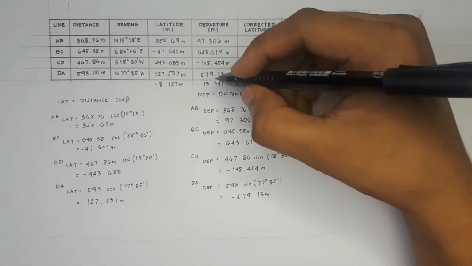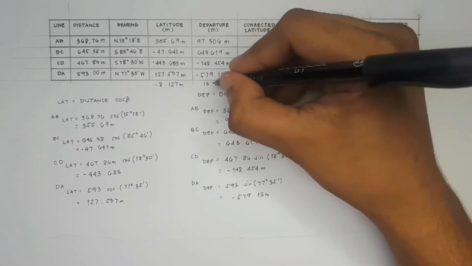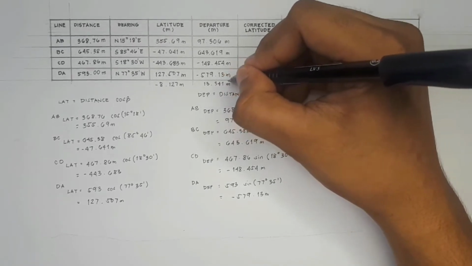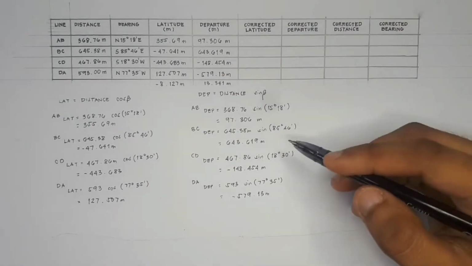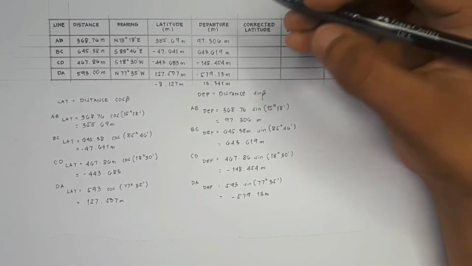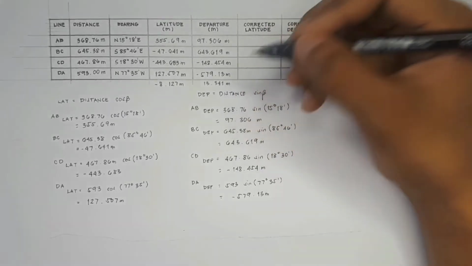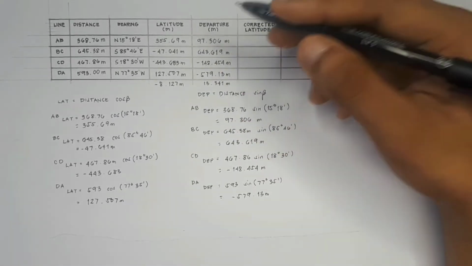And for departure, we have here positive 13.341 meters. So this means that we have an excess of 13.341 meters in our departure.